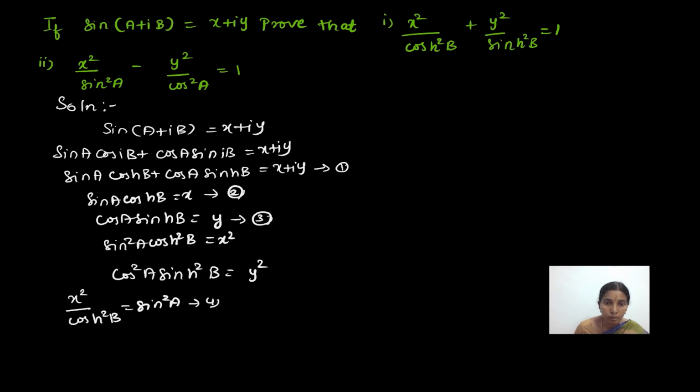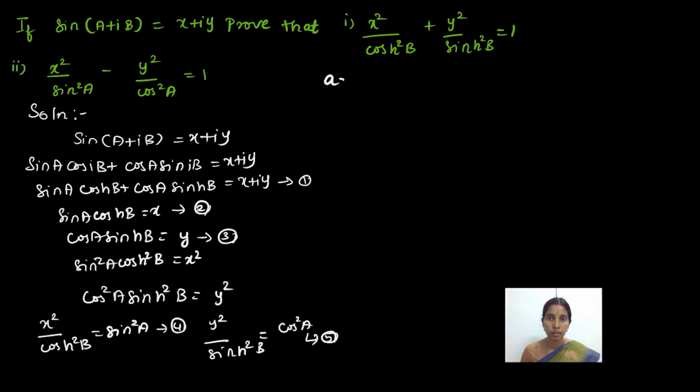This is equation number 4. Similarly, y²/sinh²b = cos²a. This is equation number 5. Add equations 4 and 5.